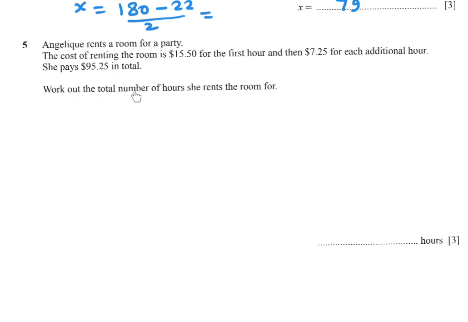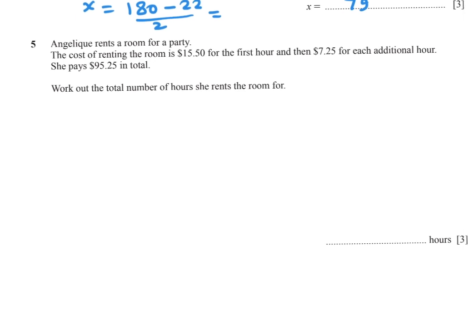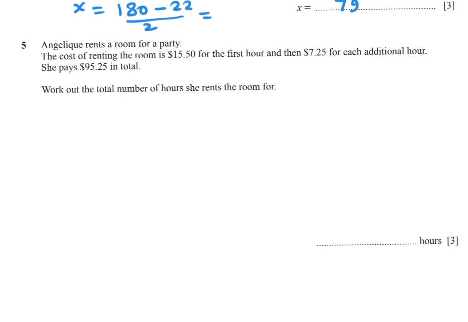Work out the total number of hours she rents the room for. So the first hour is $15.50. So now 95.25 minus 15.50. So what is the answer? 79.75.